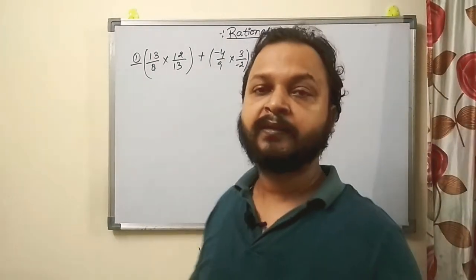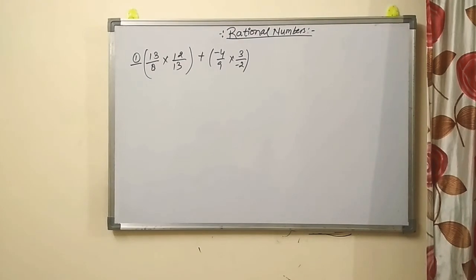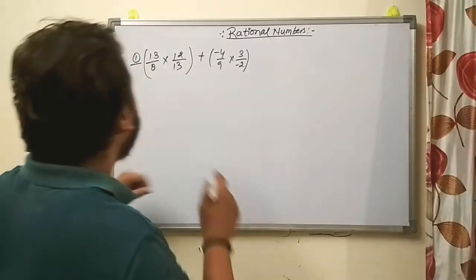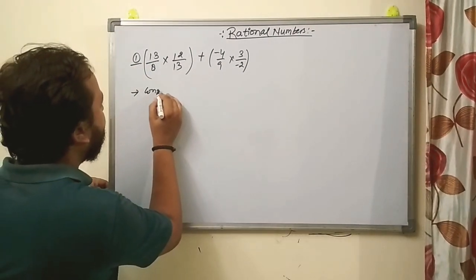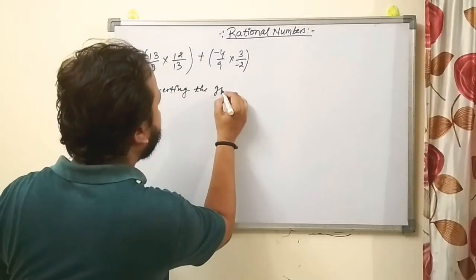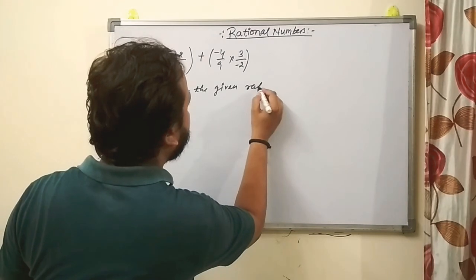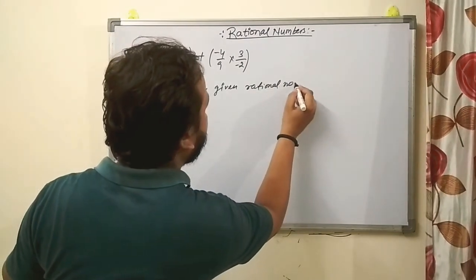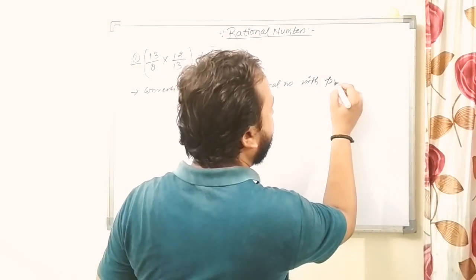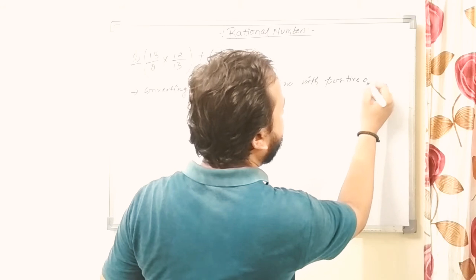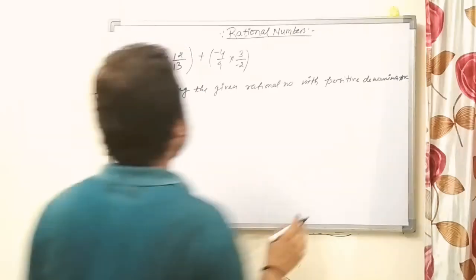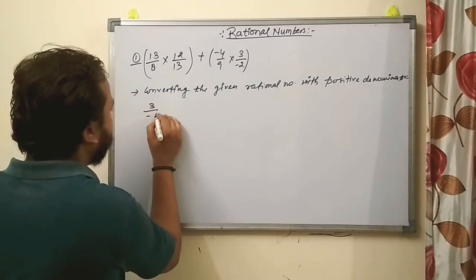So the given rational number is 3 by minus 2.